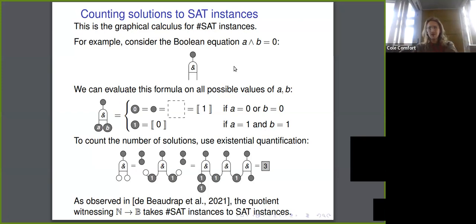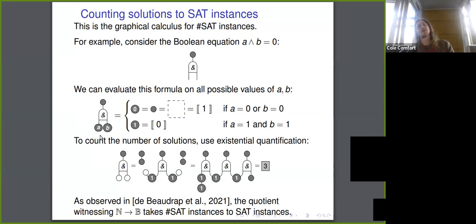So take the Boolean equation, A and B is equal to 0, or A times B is equal to 0, which is denoted by this string diagram. Then if we evaluate the string diagram on all of the possible different Boolean inputs, then we see that if A is equal to 0 or B is equal to 0, then this string diagram evaluates to the 0 scalar.